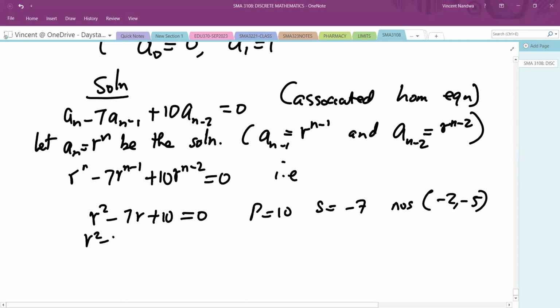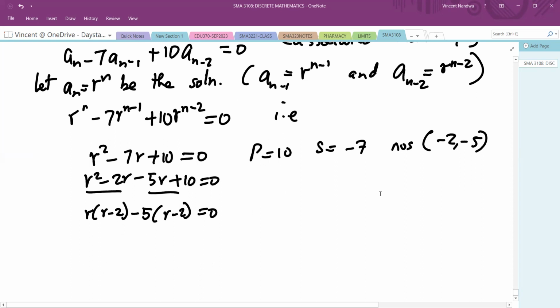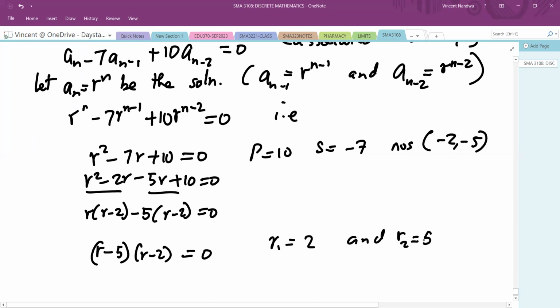So I'll have r squared minus 2r minus 5r plus 10 equals 0. For the first pair the common factor is r, so r(r minus 2) minus 5(r minus 2) equals 0. Then (r minus 5)(r minus 2) equals 0. So r1 will be 2 and r2 is 5.